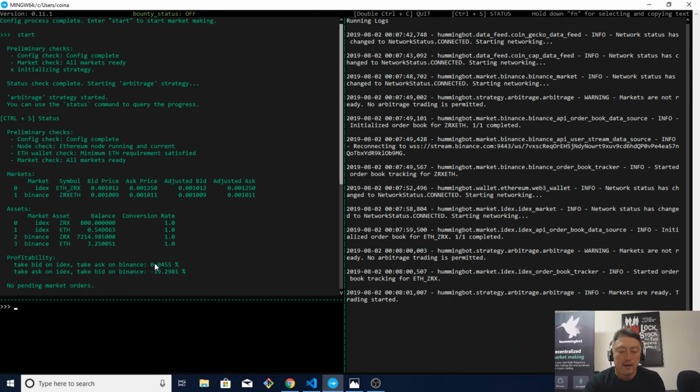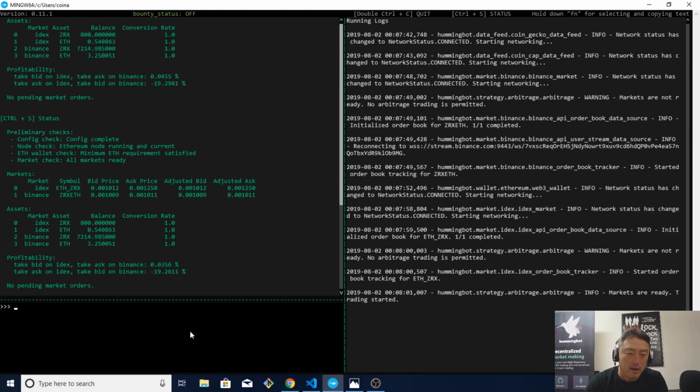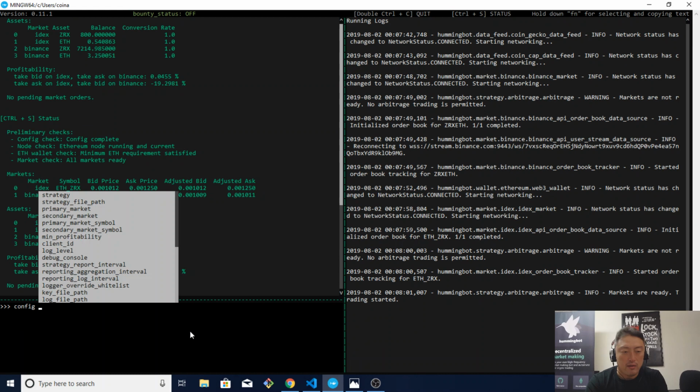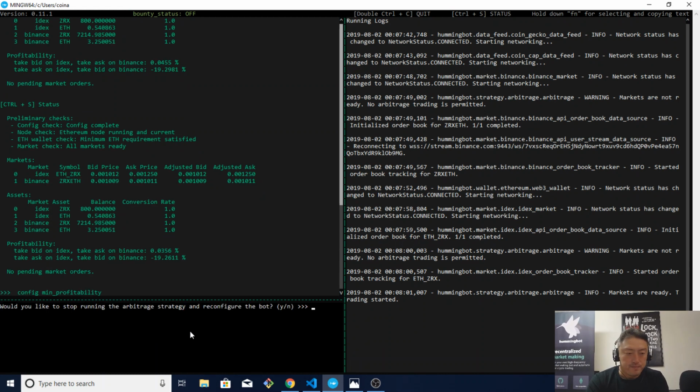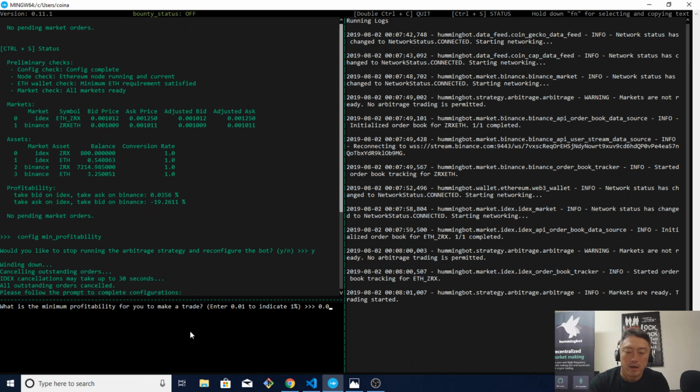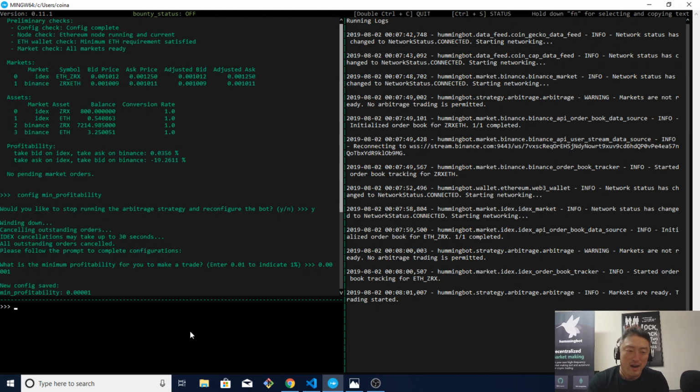As a test, let's see if that arbitrage opportunity still exists. It looks like it does. One thing we can try is to reconfigure the minimum profitability and make that super, super low just to see if we can get a trade to happen. As a warning, it still may not because of fees and so forth, but let's give it a shot.